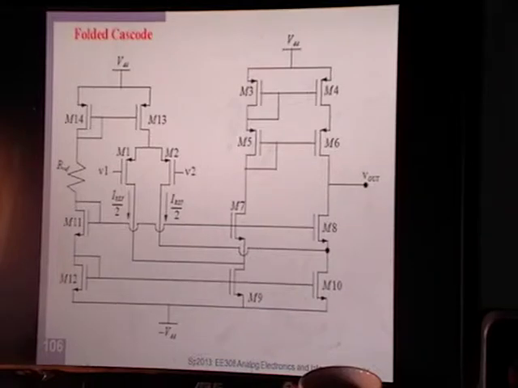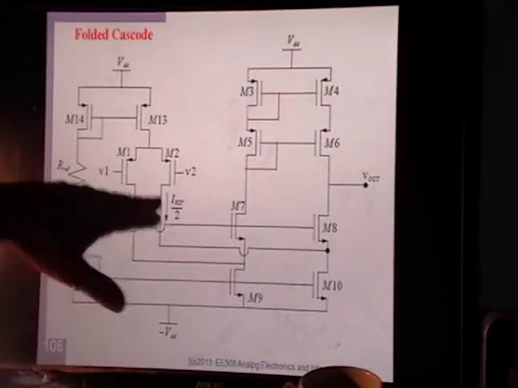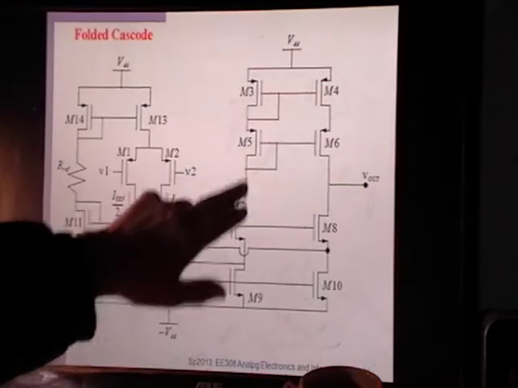So the telescopic op amp, the problem was that it had 5 transistors stacked on top of each other, and that meant that your supply voltage was going to be at least 5 VC sat high. Okay. What a folded does is it takes one layer of transistors out, so you end up with just 4 stacked transistors.